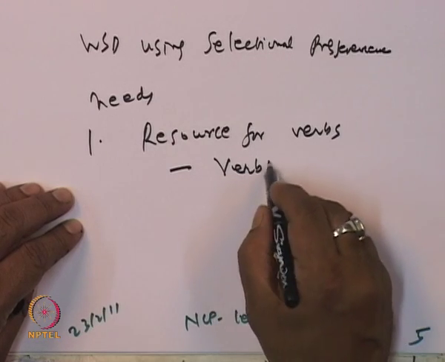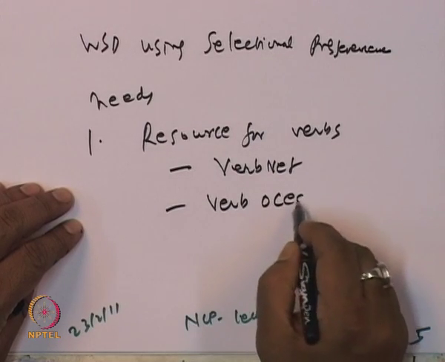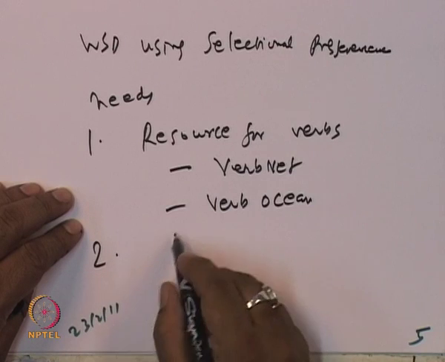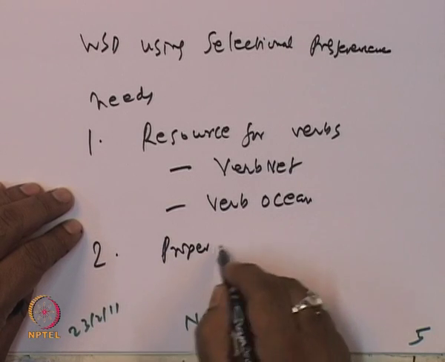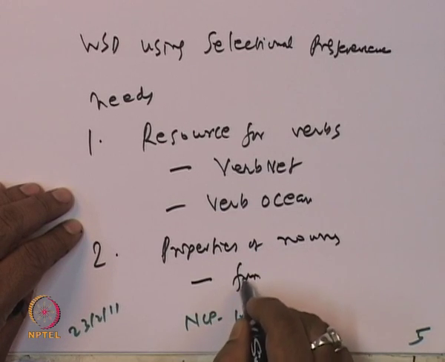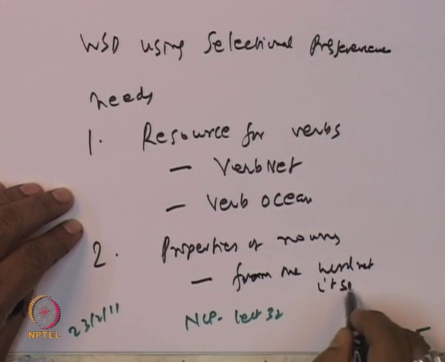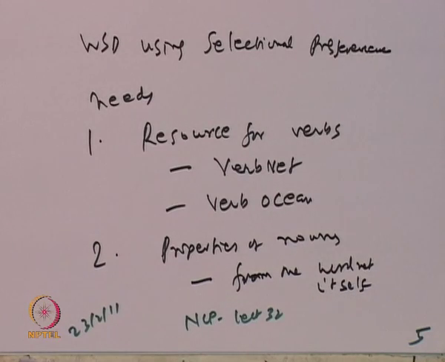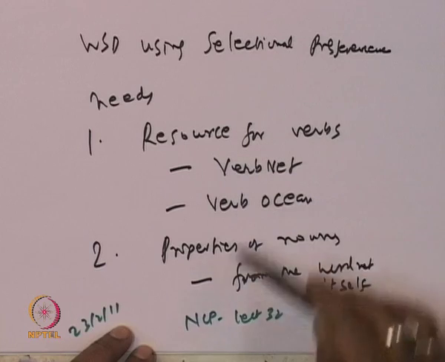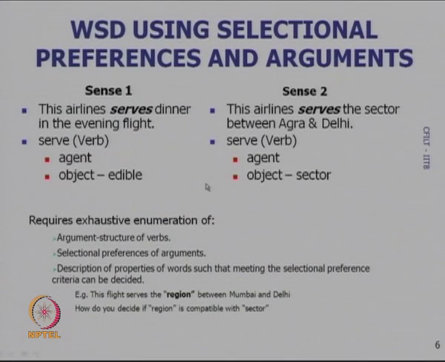So, this is VerbNet, a very important resource, VerbOcean, another resource, properties of nouns from the WordNet itself. Okay. So, these are the resources which we need for doing word sense disambiguation through selectional preference. So, going to the slides once again, we find that all these requirements are listed here.